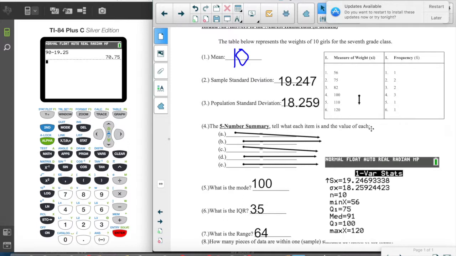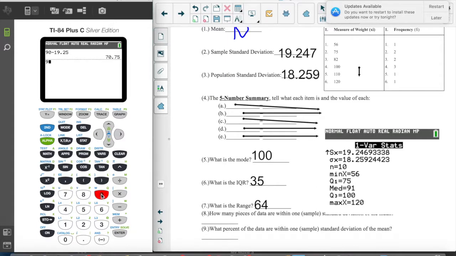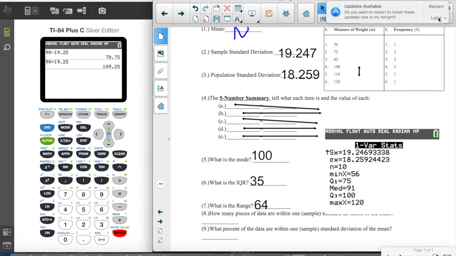Then we add 90 plus 19.25, which brings us to 109.25, so that's another 3, 4 added on to that. 4 plus 4, so we have 8 within one sample standard deviation.